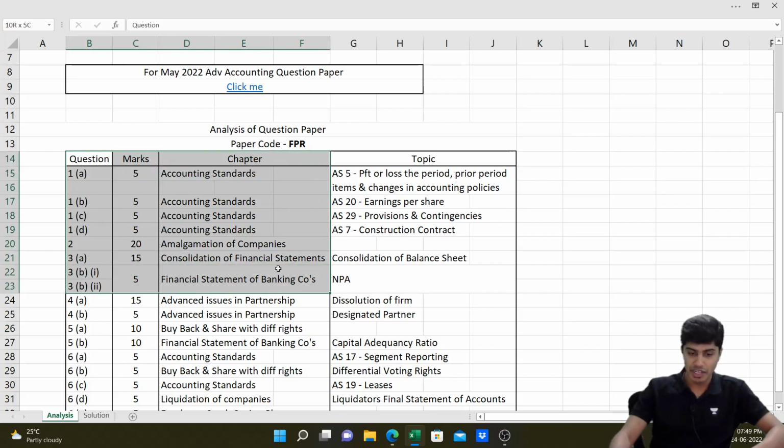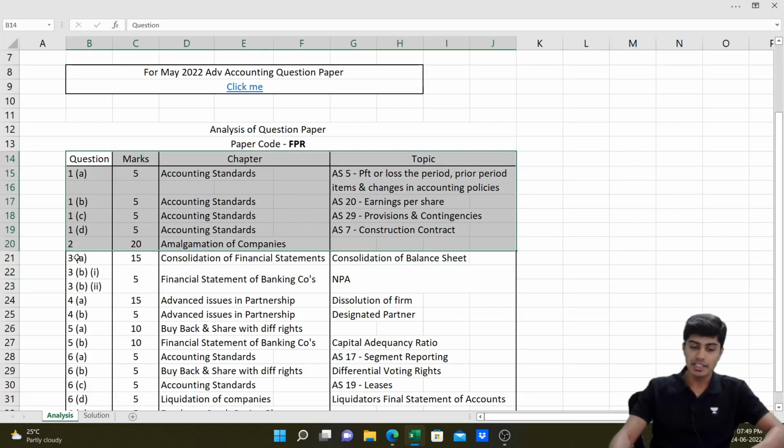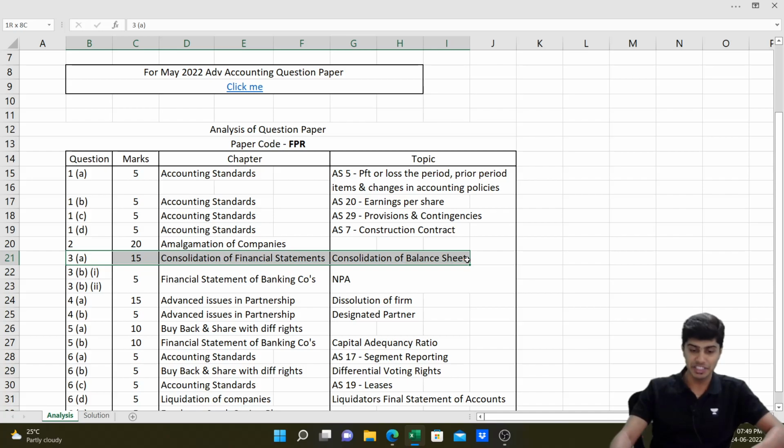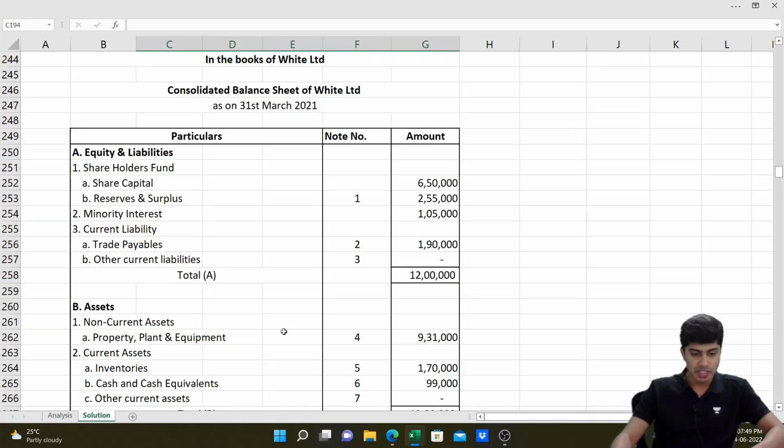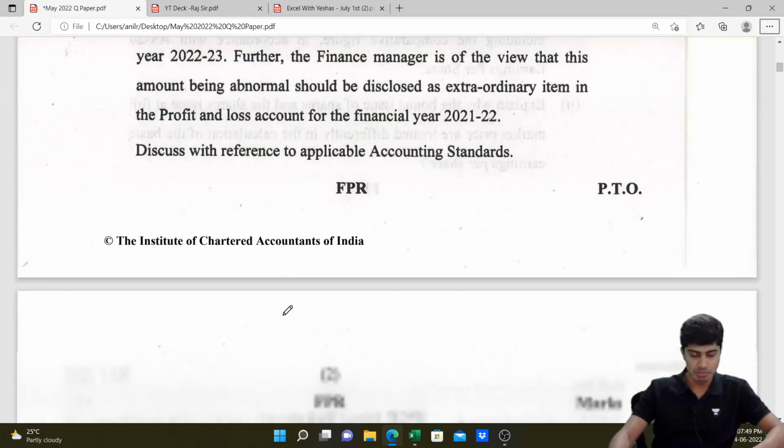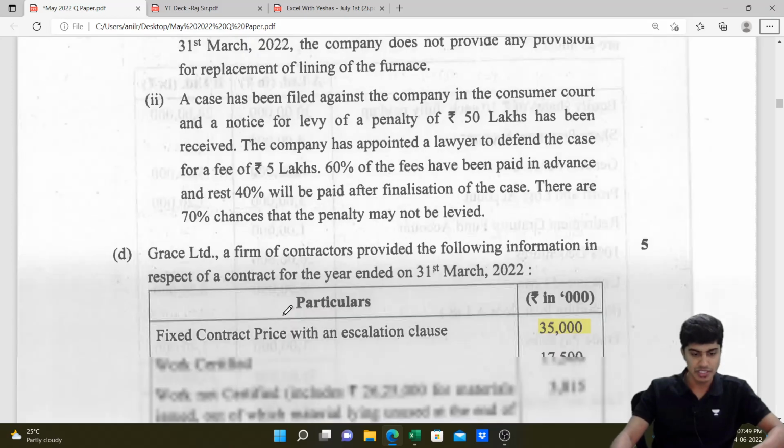So in the first part, we've done accounting standards and amalgamation. Let's now start with the consolidation of balance sheet and financial statements question. Got it? So what is it with regard to consolidation? Question number 3 is on your screens now.